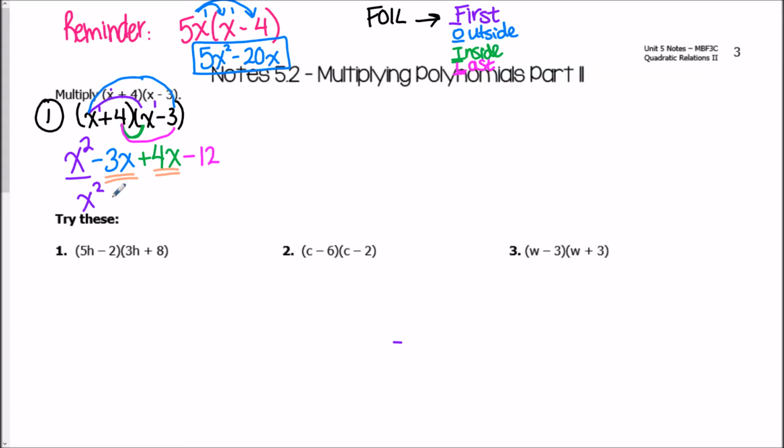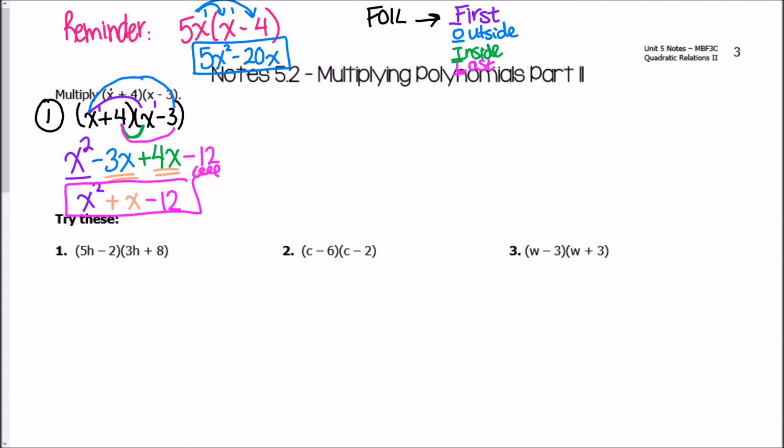This means I end up getting positive 1x, but I'm just going to write plus x, since it's positive we put a plus sign, and since it's 1x, it just means you have an x there. And then lastly, we have negative 12, and nothing else is like it, so I just copy it down, and this is my final answer.